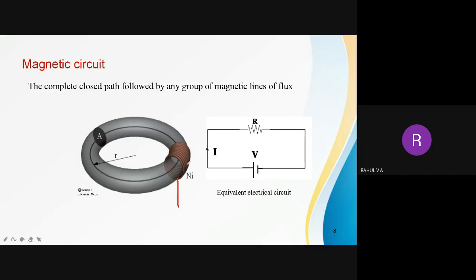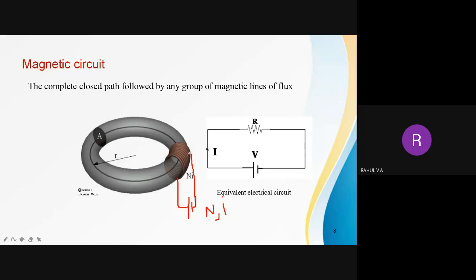What I am doing is taking both ends of this winding and connecting them to a supply. So n turns are there. Now current I will flow, and it will create a flux, because it is actually a winding.